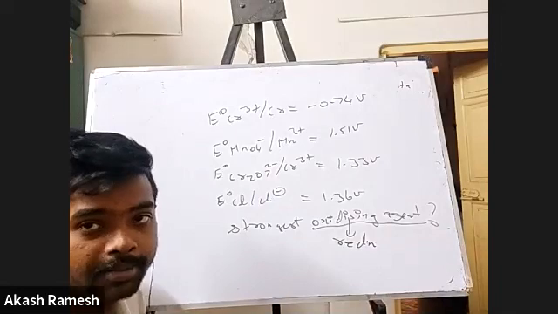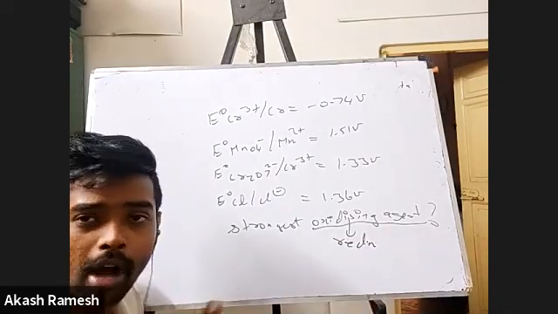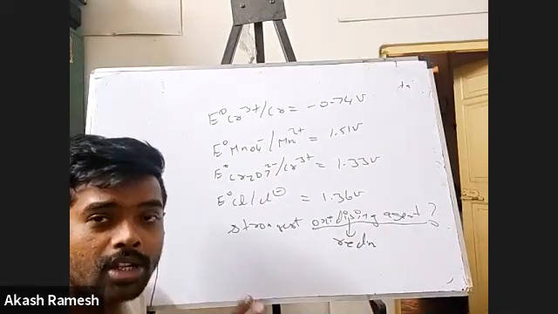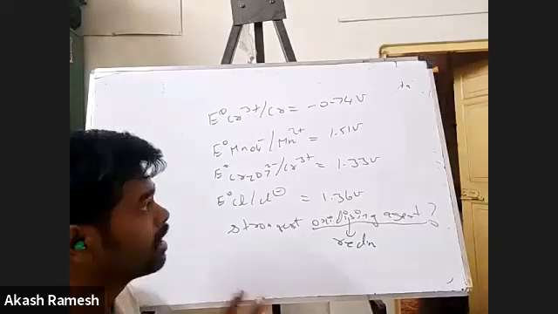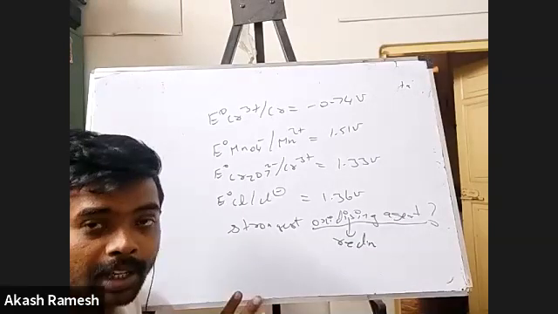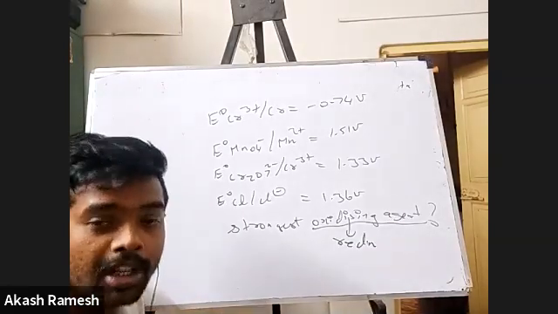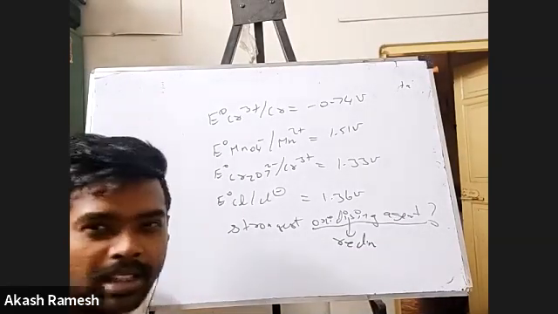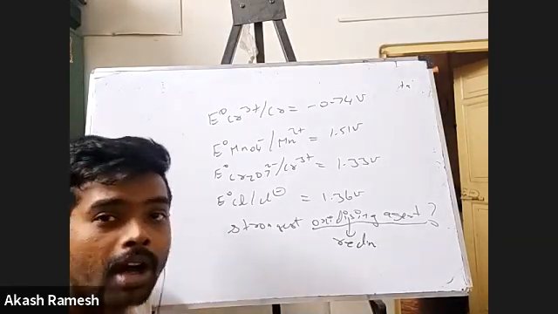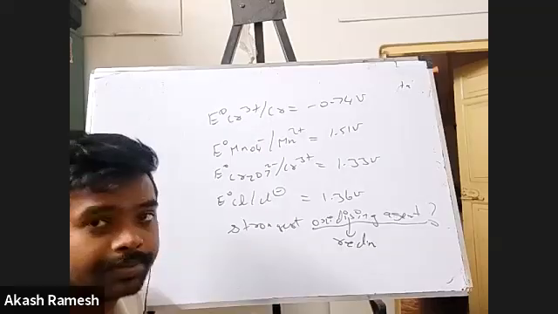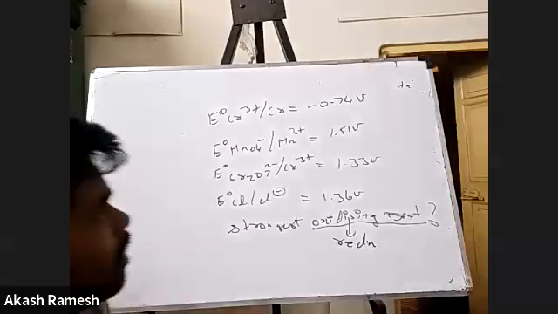We have to check among these four for species which will undergo very easy reduction. As easy as the reduction is, more will be the oxidizing ability. So it will be MnO4 minus, yes, that's the answer. The higher reduction potential. Correct. So how will you see?